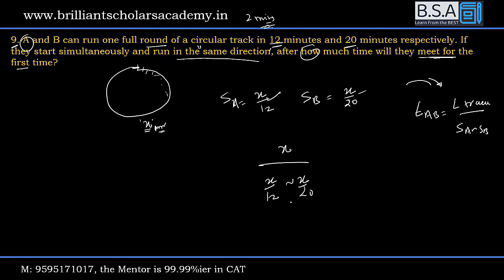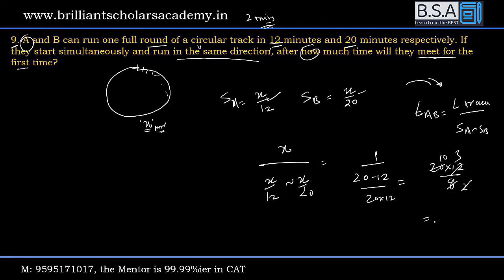Gap चाहिए अपने को. You observe, x is common, x can be cancelled. ये आ जाएगा ऊपर 20 minus 12 upon 20 into 12 ऐसा. And the next step will be your answer. 20 into 12 upon 8. 4 into 3, 4 into 2, 2 into 10.